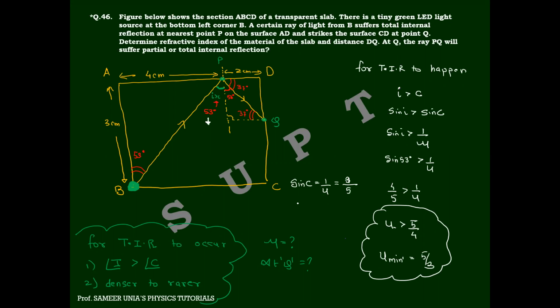Can I say critical angle कितना रहेगा? क्रिटिकल एंगल कितना रहेगा यहाँ पर? कितना होता है C का वैल्यू? 37 डिग्री होगा ना? सॉरी 1 upon म्यू, म्यू कितना रहेगा? 5/4 रहेगा. आई एम वेरी सॉरी, ये 5/4 हो जाएगा. हाँ, तो ये 4/5, so this will become 53 डिग्री only what we got.